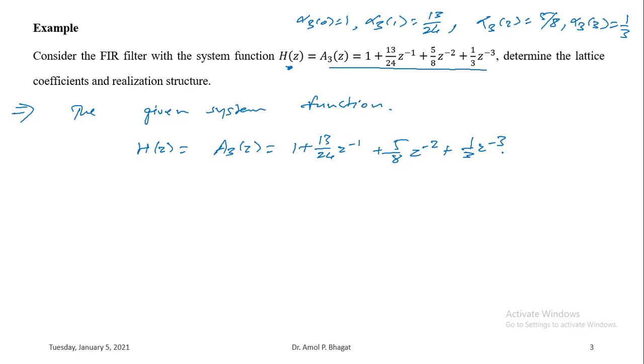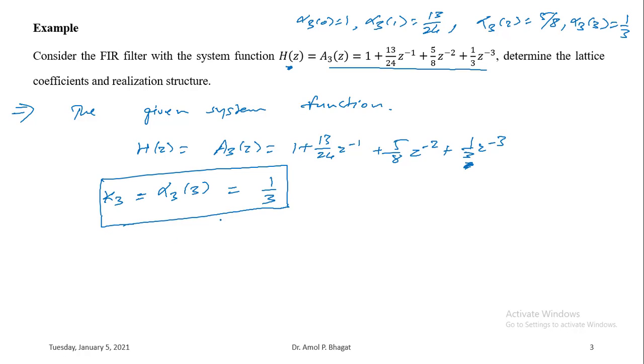Okay, so this alpha 3 of 3 is nothing but the k3 coefficient. Okay, so k3 is 1 by 3. This alpha 3 of 3 is nothing but k3. So this third stage lattice coefficient is 1 by 3.